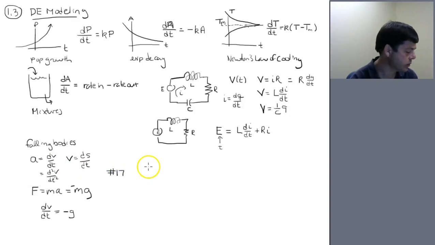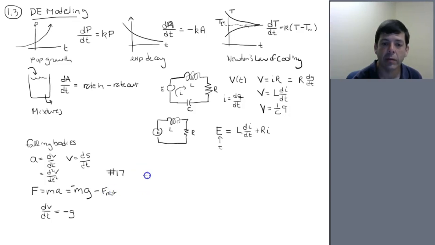And it reads as follows: determine a differential equation for the velocity of a falling body that has wind resistance and where the air resistance is proportional to the square of the instantaneous velocity. So resistance is then going to be subtracting off the force due to the resistance.